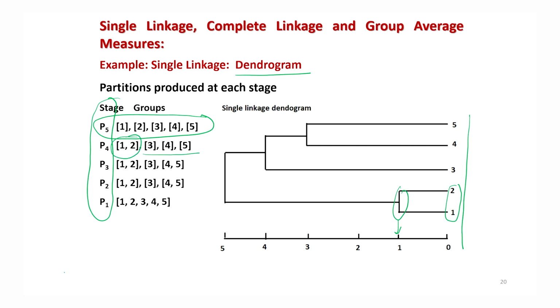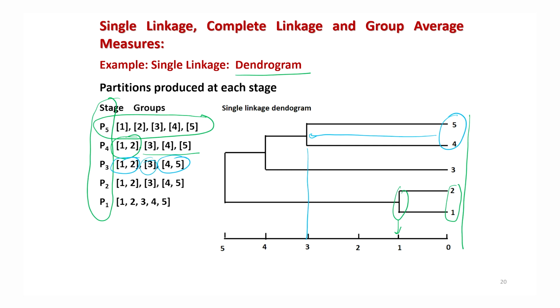Then I move further and combine 4 and 5 together in the next stage, which is the third stage. So in the third stage, I have 1, 2 and 4, 5 together and 3 individual.